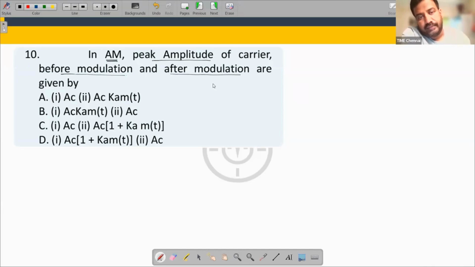Before modulation, carrier signal C of t is AC cos 2 pi f ct.